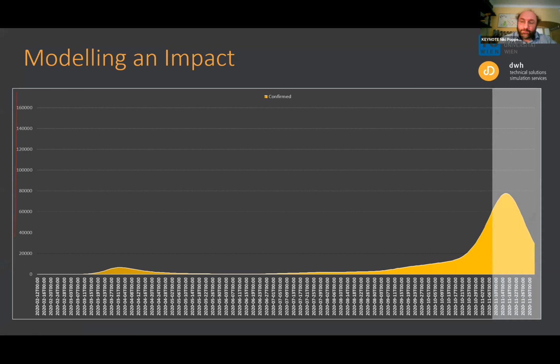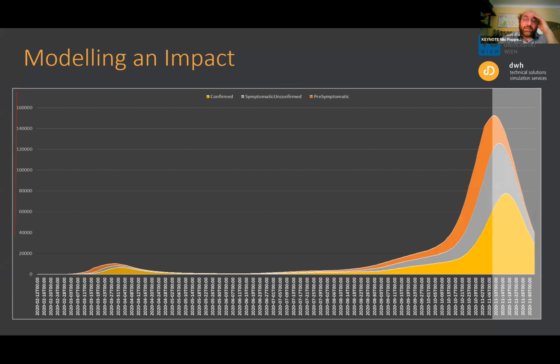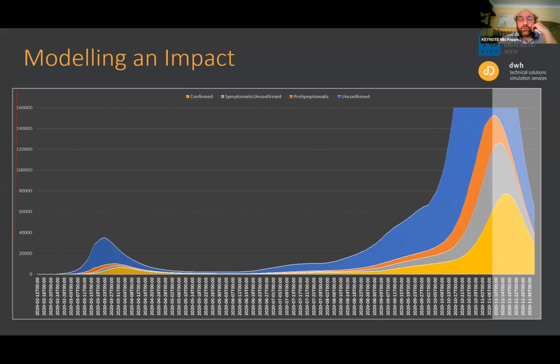I think it was at the beginning of November, but that's not the only thing we're focusing on. The second thing is we try to focus on the dynamics behind the whole thing. So the dynamic is the development of symptomatic, unconfirmed patients, presymptomatic patients, and of course the unconfirmed cases, the asymptomatic cases. And that's the big thing for us, and we have to do it quick and dirty very often.